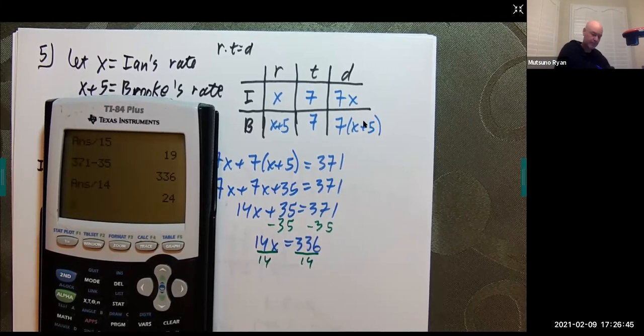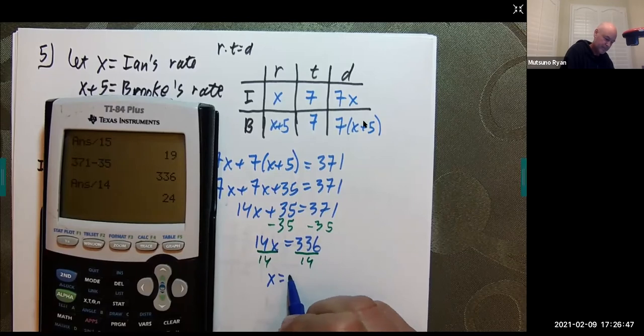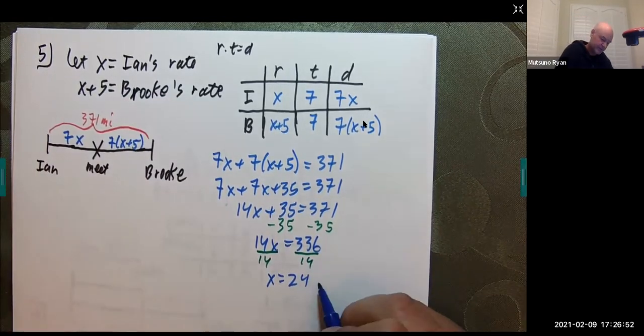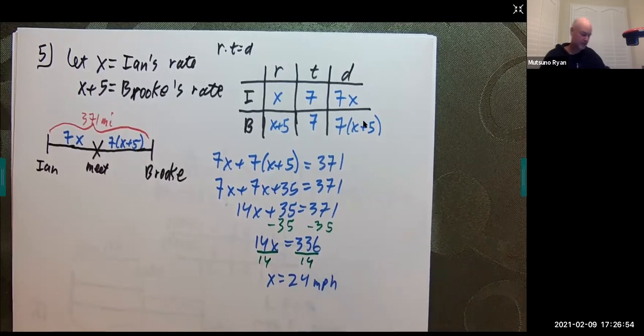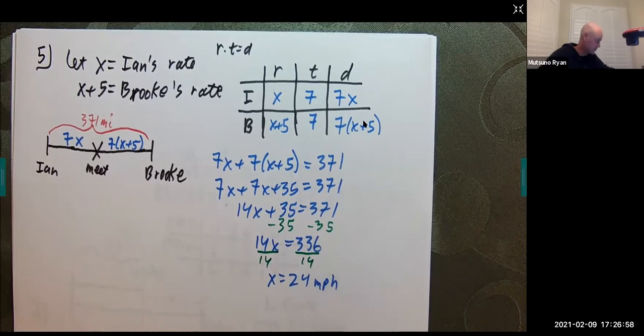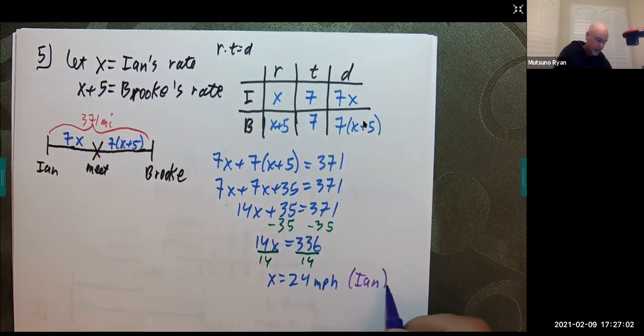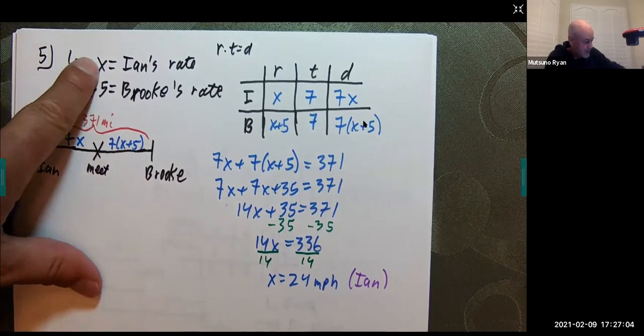Four. Now remember, that's miles per hour. Maybe they're riding bikes or something, who knows? Now this is Ian's speed, to be clear. This is Ian. I know that because I defined x here as Ian's speed.